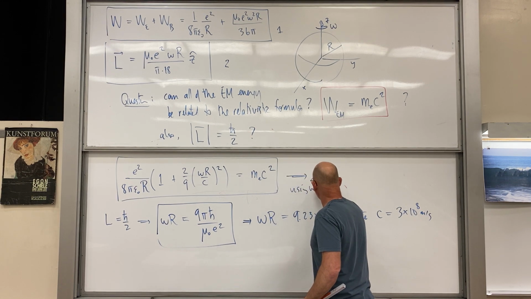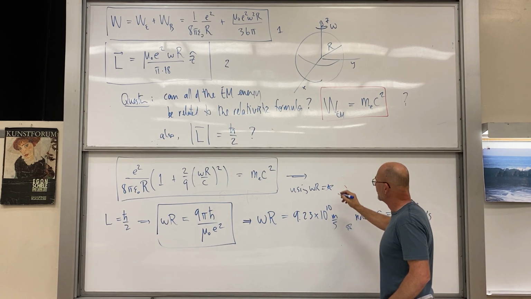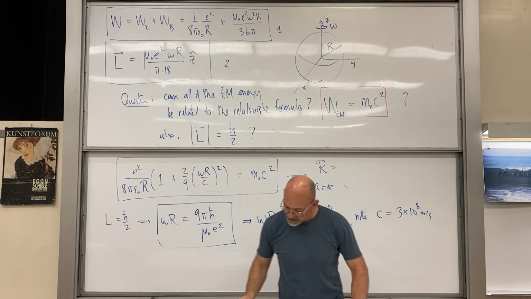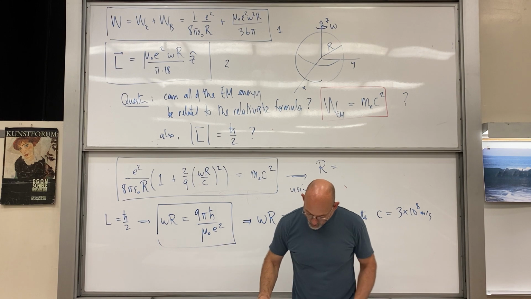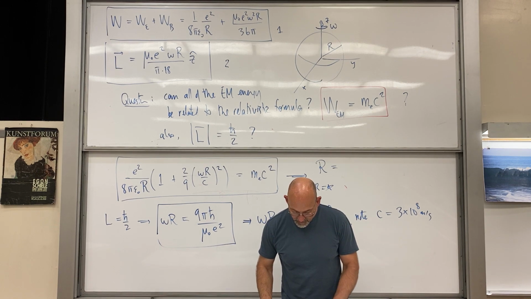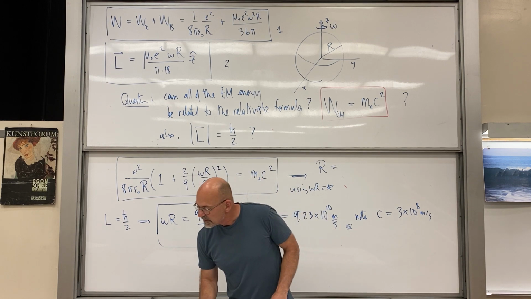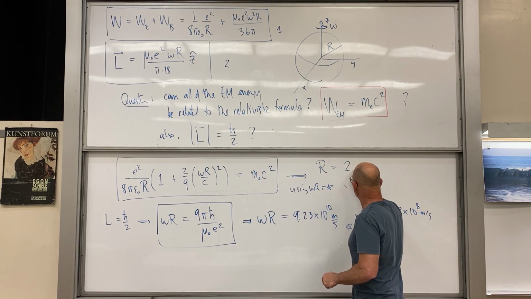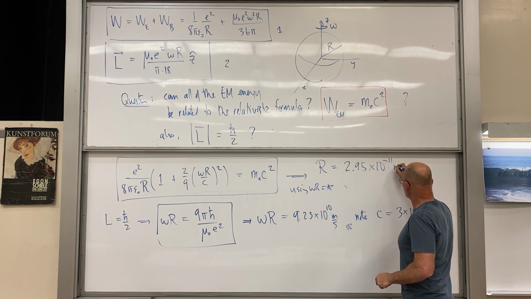So using omega r equals this right here, then we can solve for r, and the numerical calculation, which is pretty much every constant we know, we get 2.95 times 10 to the minus 11 meters.